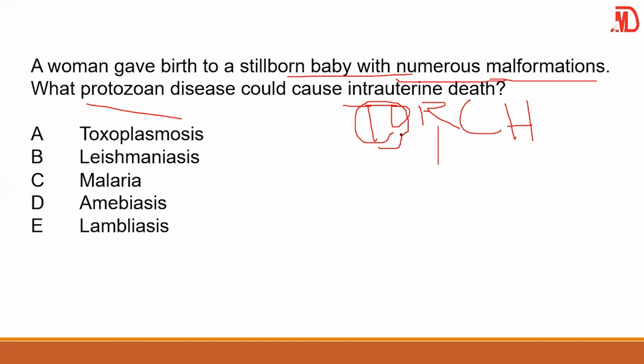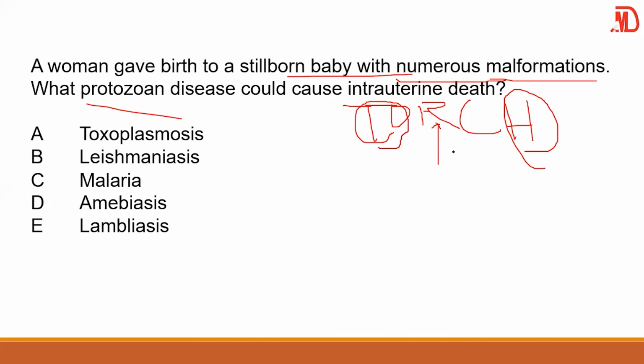So, all right, where are we? Rubella. Then the C stands for cytomegalovirus. Then the H refers to herpes simplex. And these are all congenitally acquired infections that can cause morbidity and mortality in neonates.